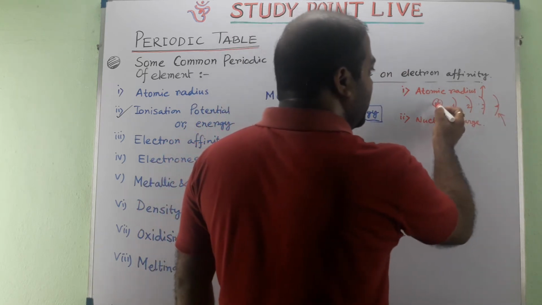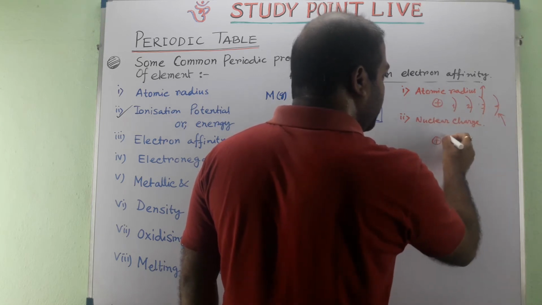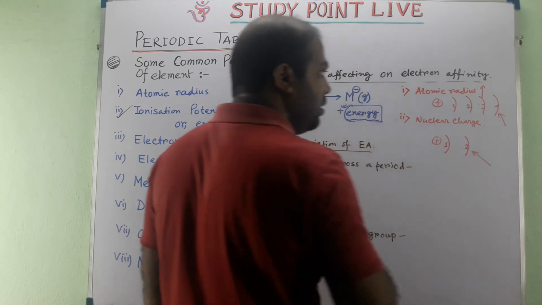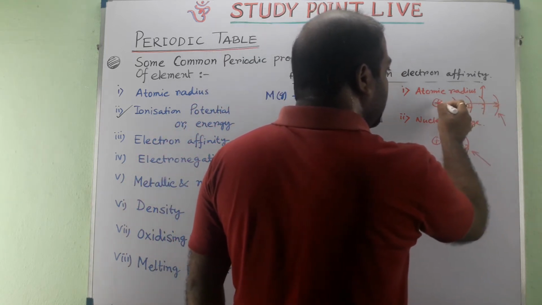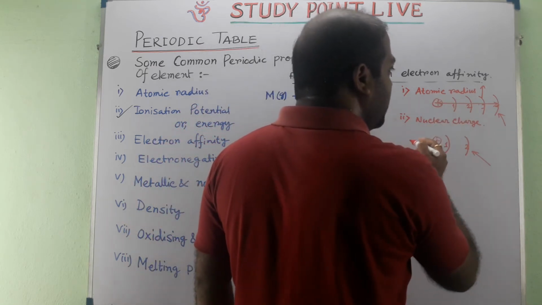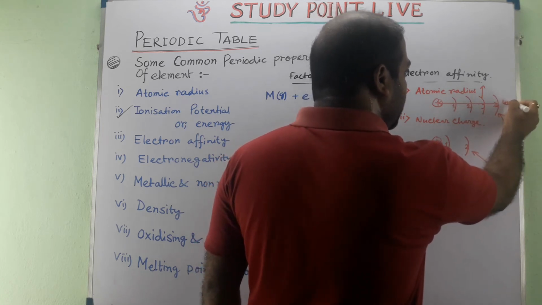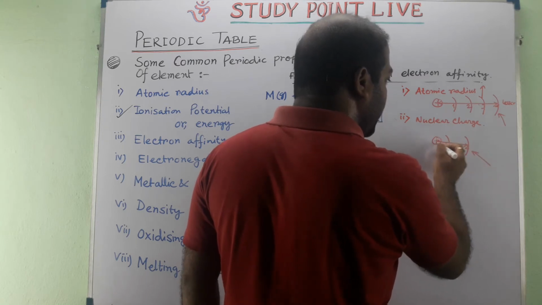That's why the distance is greater than that for the second orbit. That's why the attraction force between the new electron and the nucleus is lesser here than in the second case.